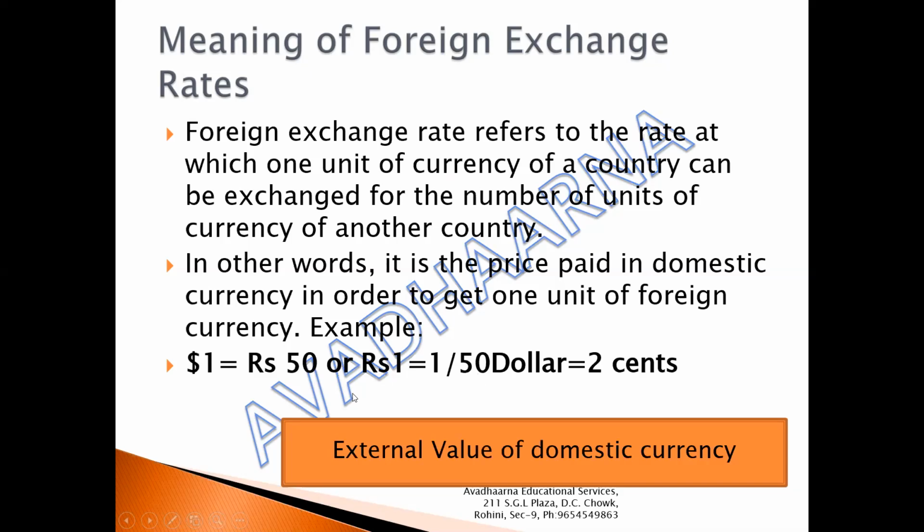And this is what we mean by external value of domestic currency. यानी कि फॉरेन करेंसी को परचेज करने के लिए कितनी प्राइस डोमेस्टिक करेंसी में पे करनी पड़ती है, this is what we mean by foreign exchange rate.